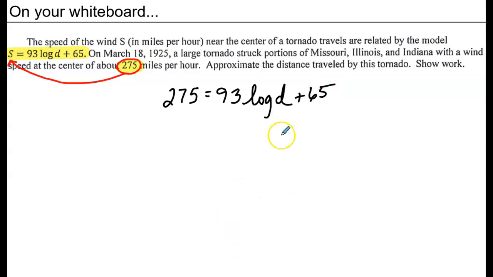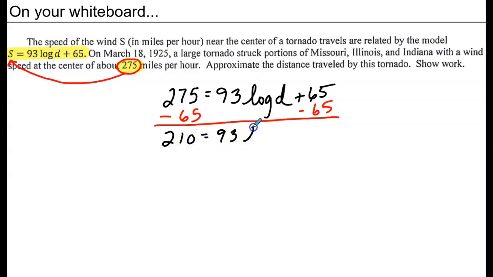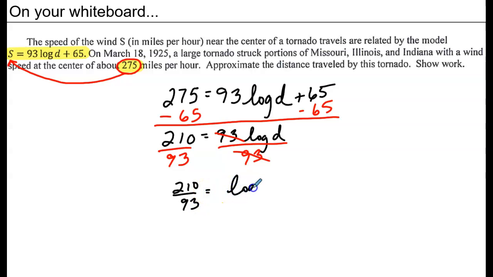Okay, now we're going to isolate that common log by subtracting 65 from both sides of the equation, and we have 210 is equal to 93 times the common log of D. Then we'll divide both sides by that coefficient of 93 to isolate the log. So 210 divided by 93 is equal to the common log of D, the distance.